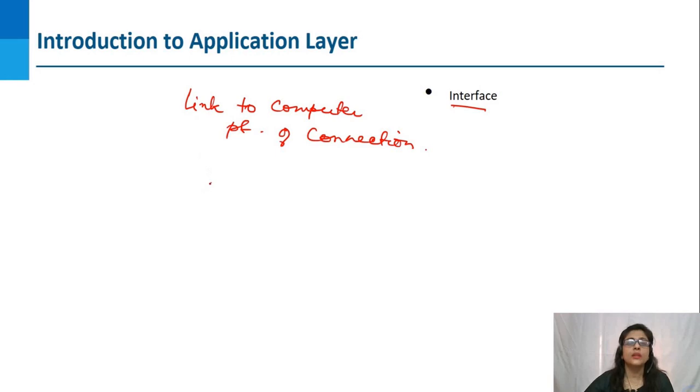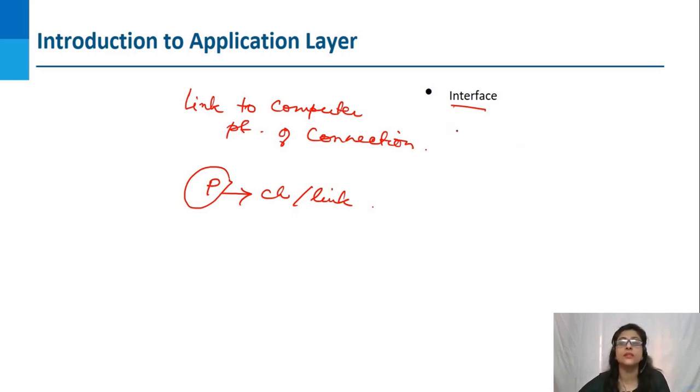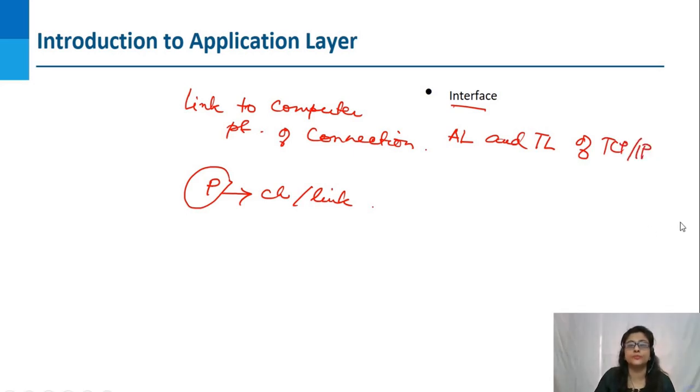Basically, the physical layer gets connected to the channel or the link. So the interface is the point of connection from the physical layer to the channel or the link. But when we talk about the application layer, this interface basically means the point of connection between the application layer and the transport layer of the TCP/IP protocol suite.